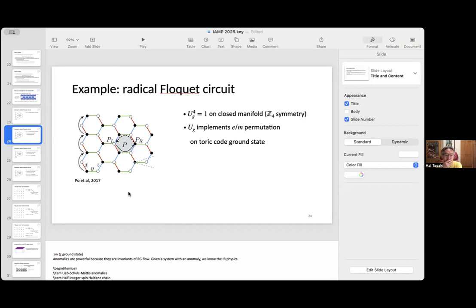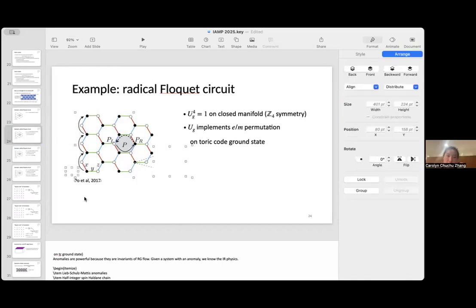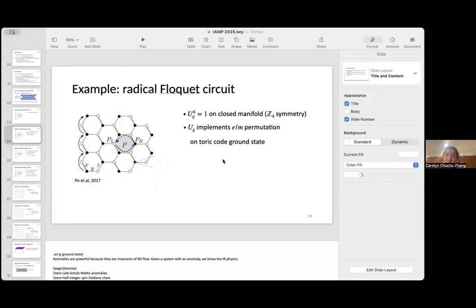And then the question was, we believe this example is not anomalous, because if you look at the anomaly classification of Z4 in 2+1D, it's trivial. The problem was that it was difficult for us to construct an explicit short-range entangled state that was symmetric under this symmetry. You can construct toric code, which is invariant under this symmetry, but toric code is non-trivial, it's topologically ordered.